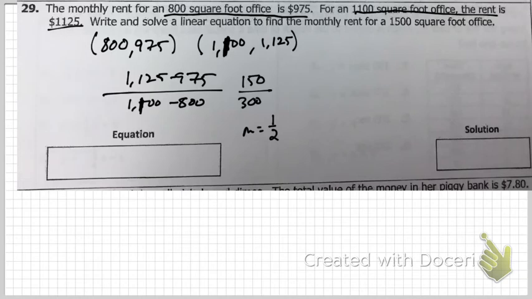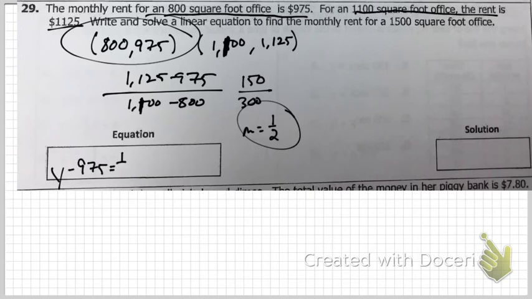So for my equation, I've got a point and I've got a slope. I'm going to use point slope form, because it doesn't tell me that I have to put it in a specific form. Point slope form is a form, right? So I'm just going to use it. Now the next question is, how much is it going to cost for 1,500 square feet? The square feet, is that x or y?